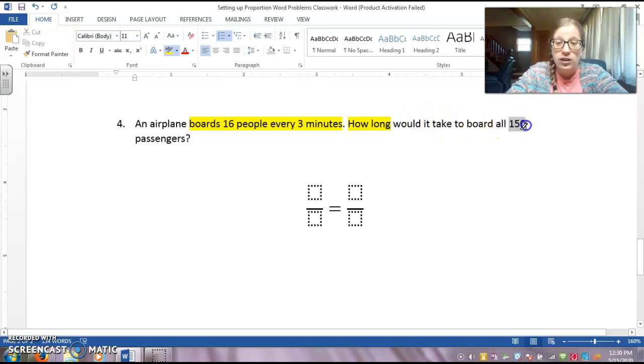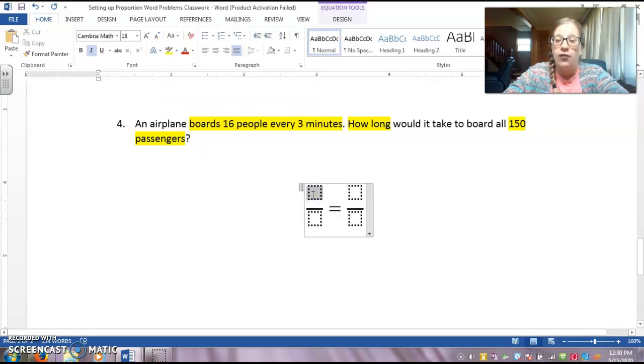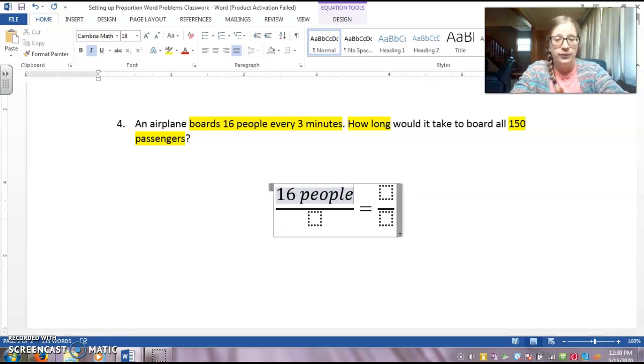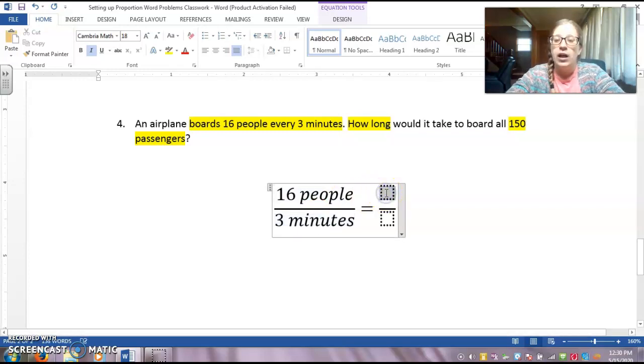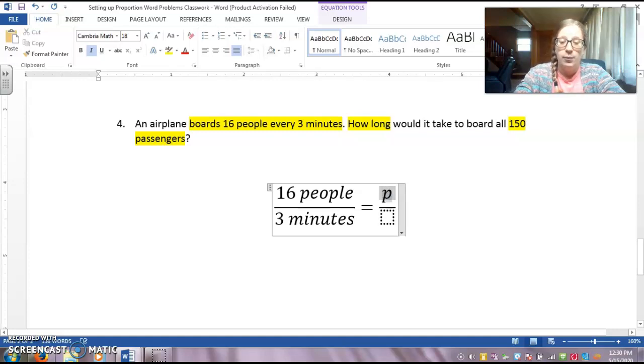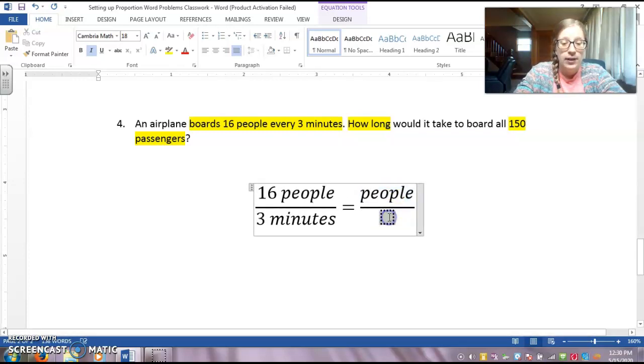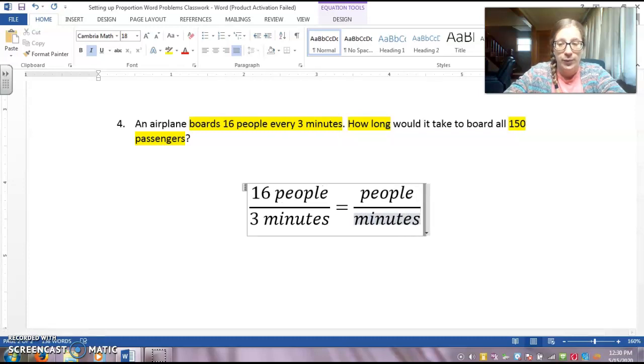And they have given us 150 passengers, which is a fancy way of saying people. So, with that in mind, our first sentence gives us our very first fraction. We have 16 people, and it says 3 minutes. I now know how to set up the other side. People have to go on top, minutes has to go on the bottom.